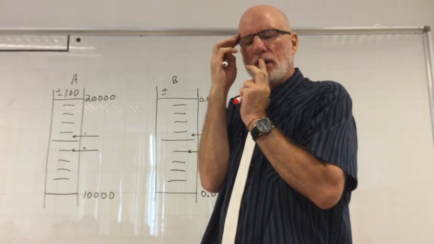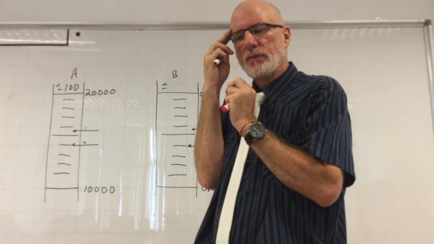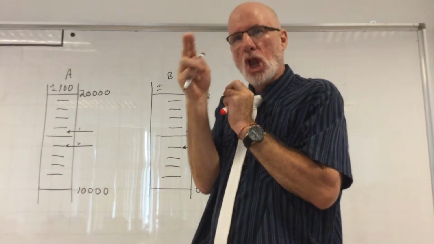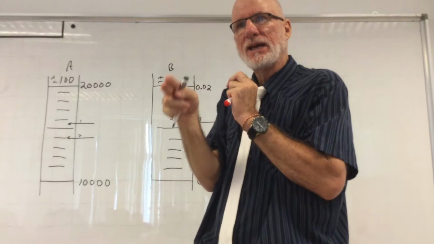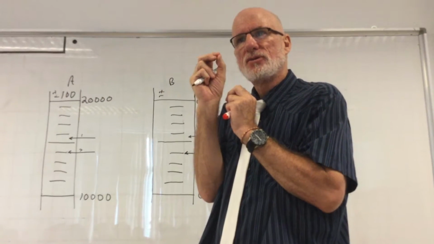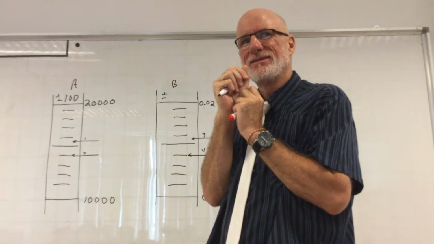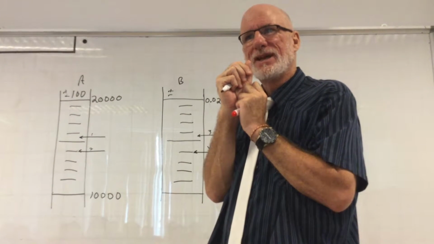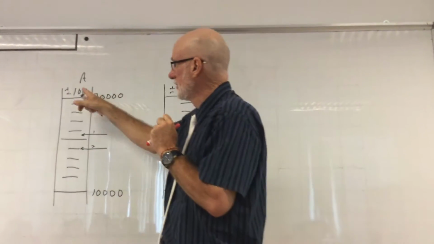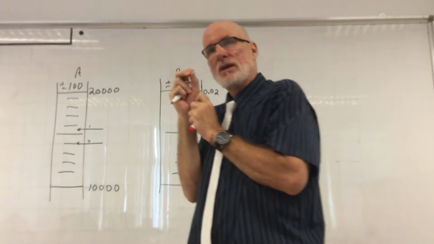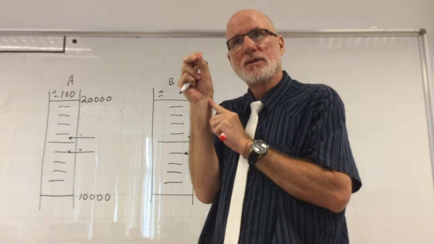Precision is a place value, the lowest place value that contains a digit read from the instrument. It's a place value, hundreds.